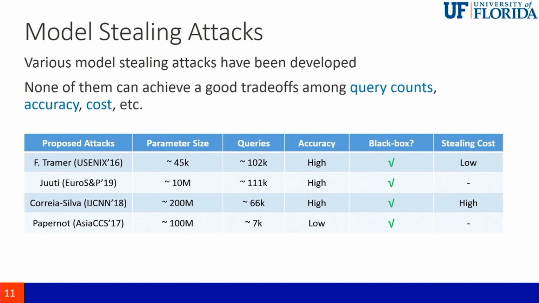But if you look into this table, you would realize that if they want to extract a machine learning model with a large parameter size, hundreds of millions of parameters, their number of queries will also be very high.